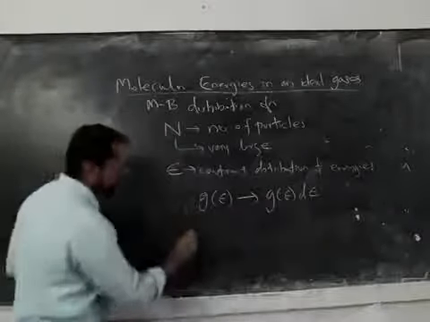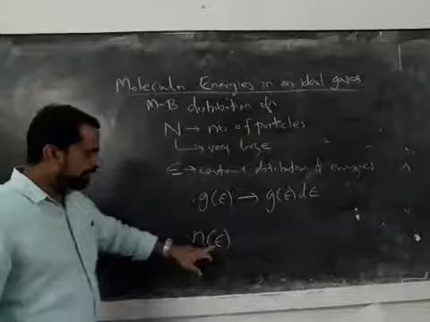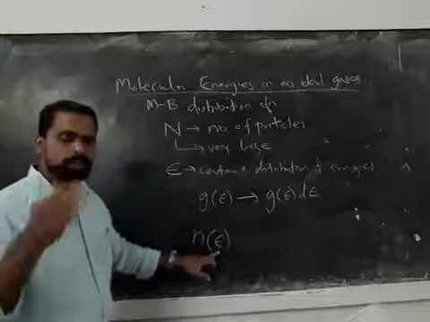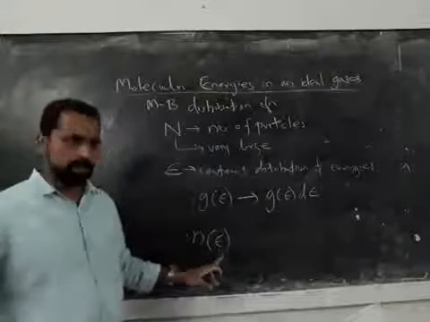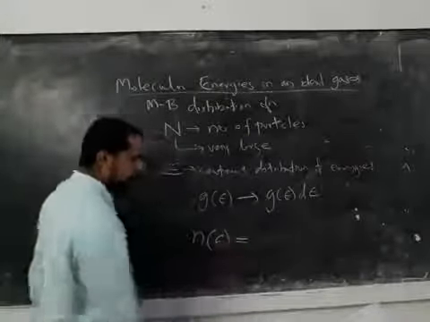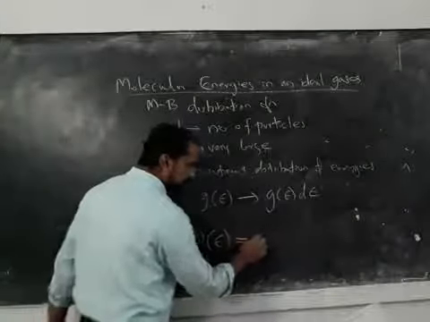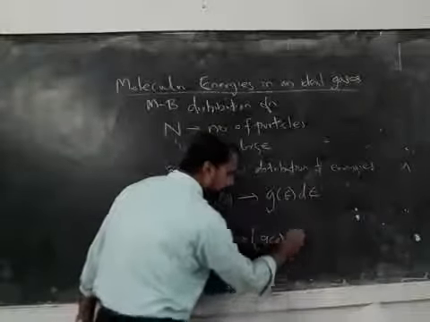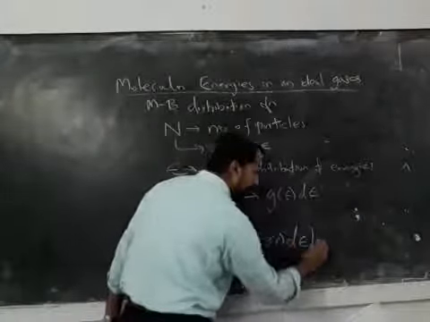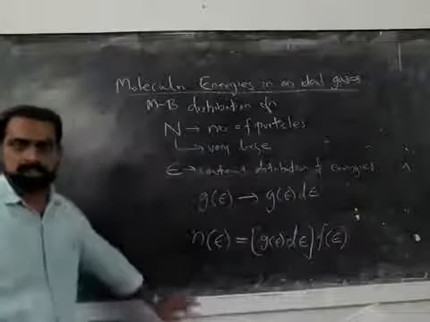So our number of particles having energies between epsilon and epsilon plus d epsilon will come as n of epsilon equal to g of epsilon d epsilon into your distribution function, isn't it?